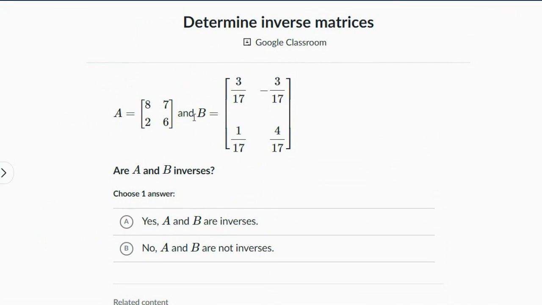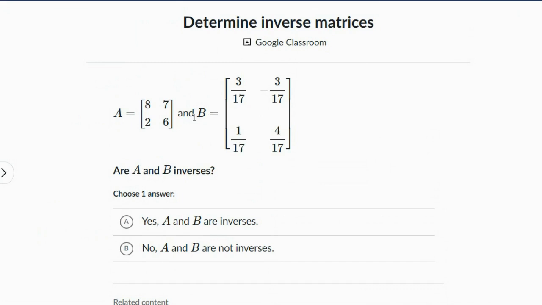Well, the only way to know that is to multiply them together and see, do we end up with the identity matrix, right? If we don't end up with the identity matrix, they must not be inverses, because what his video was showing us is that you have a matrix and its inverse, and you multiply them together, you should end up with the identity matrix.